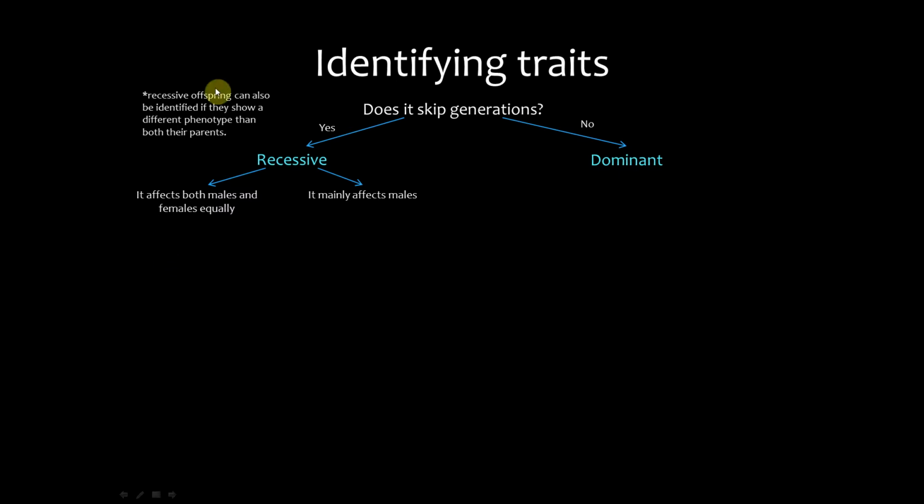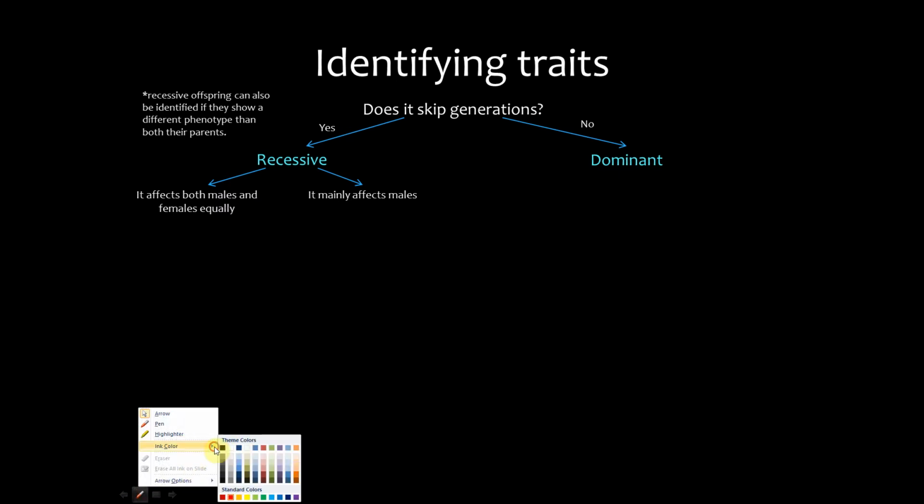Also, you should know the recessive offspring can be identified if they show a different phenotype than both of their parents. So, for example, let me grab my handy-dandy pen here. I kind of like orange, actually.